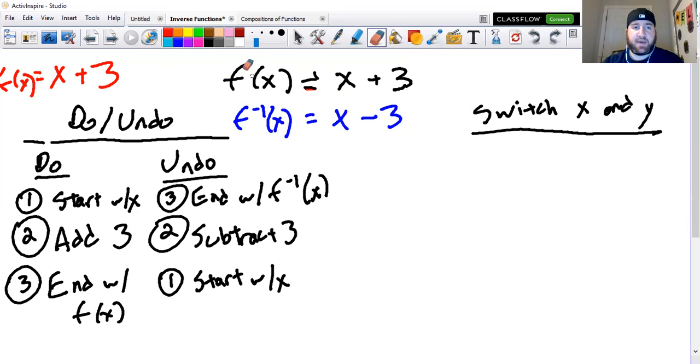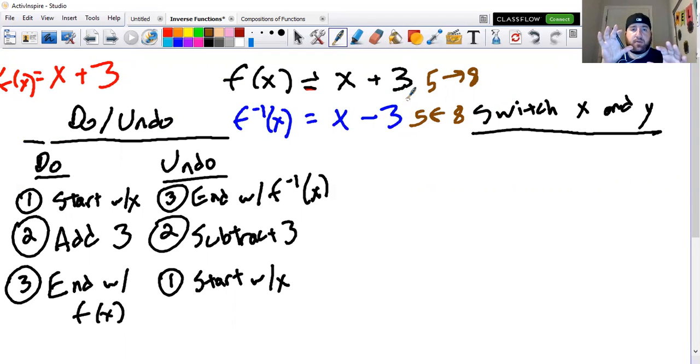Think about how we did it earlier. If I started with x as 5, 5 plus 3 gets me to 8. And then if I plug in 8 down here, 8 minus 3 gets me back to 5, which was my original x. So with inverse functions, if I plug either one into the other, it works both ways. Everything cancels out and just leaves me with x, which in this case would be 5.